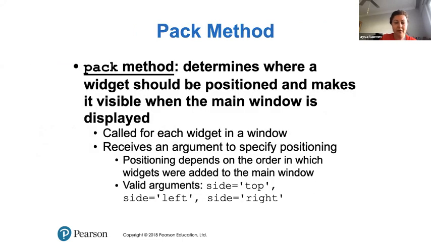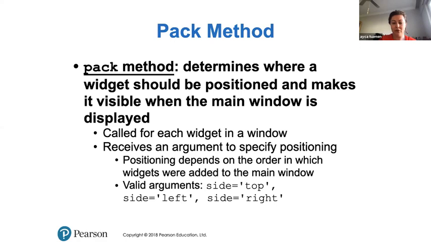Okay. Once you have created a canvas, you would want to, first of all, pack it. It means make sure that you position the widget, and it also makes it visible when the main window is displayed. It's called for each widget in the window, and it might receive an argument which tells us the position of it. So positioning depends on the order in which widgets were added.